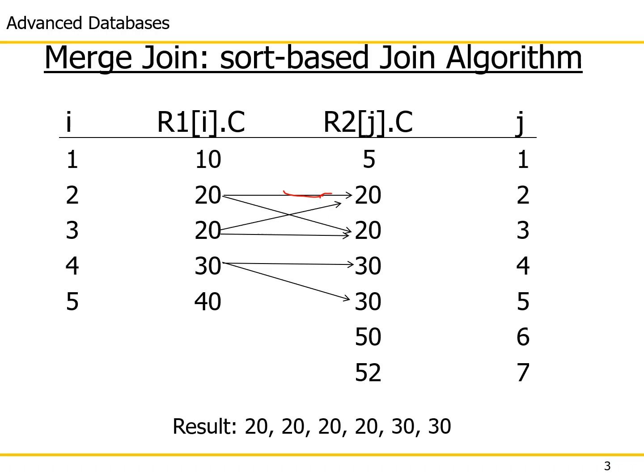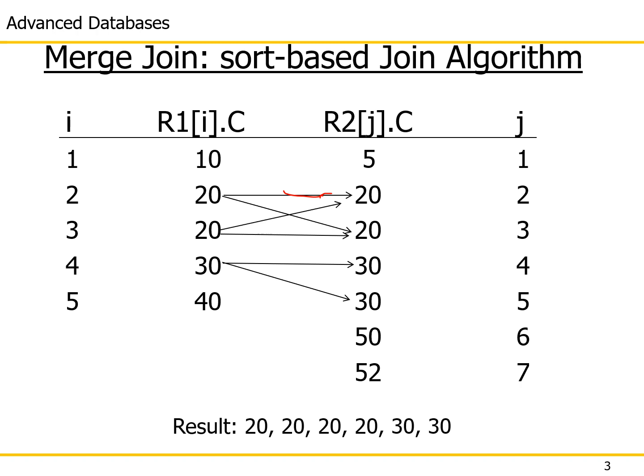In other words, we cannot just increment I and j down the columns, and when we find a match, we include it. So when I find the first 20, which is at row number 2 in R1.c, and I find the 20 in R2.c, I match the 20 with the 20.